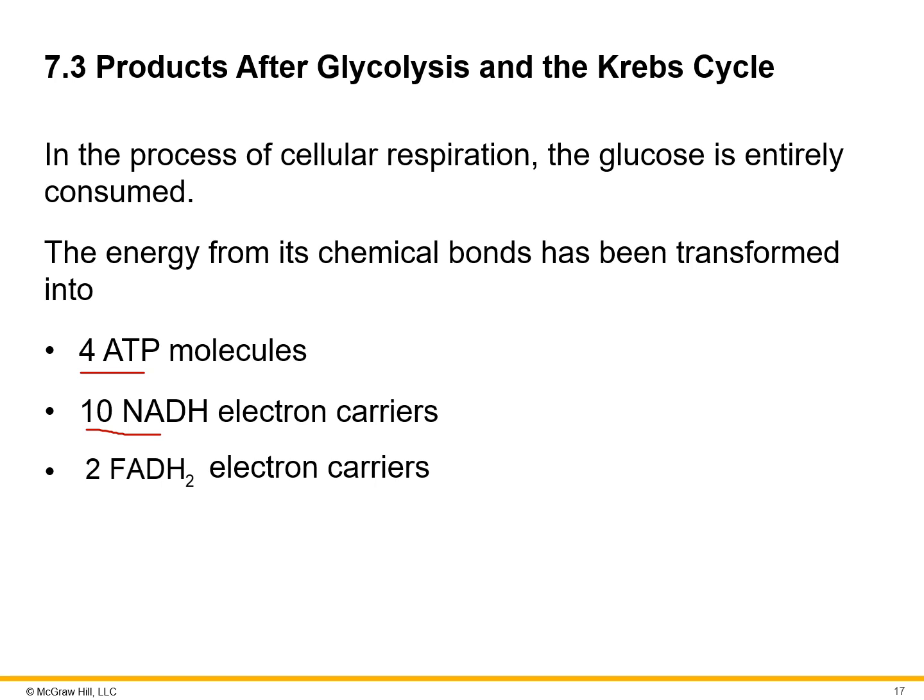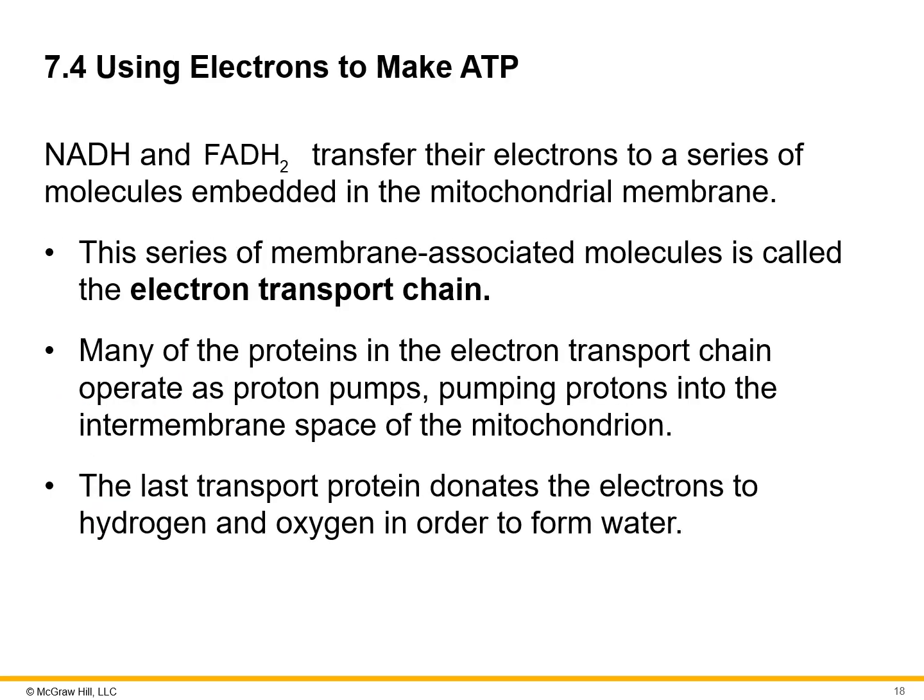It got 2 from glycolysis, 2 from pyruvate oxidation, and 6 more from the Krebs cycle. It also received 2 FADH2 molecules from the Krebs cycle. So again, the main point by the end of the Krebs cycle is that we haven't made a lot of ATP, but we have all of these electrons. So now we're ready to make the majority of that ATP.